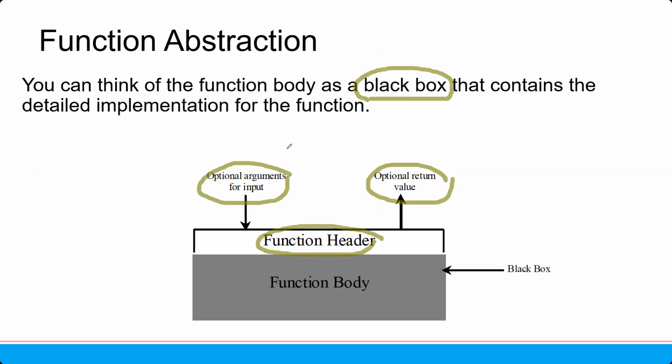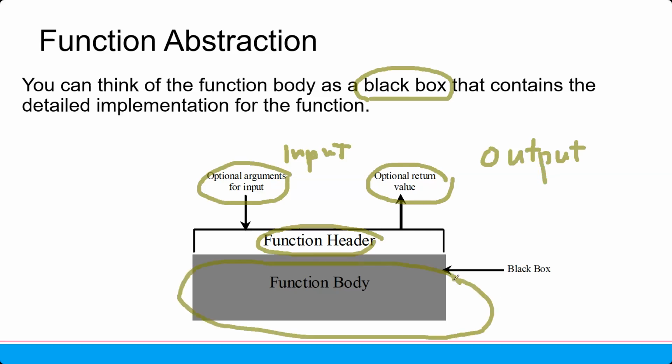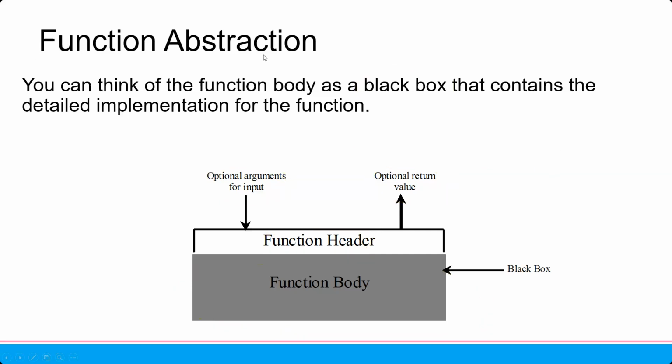So you have input and you will have output. And you can think that this is a black box, where something will happen in the body. So we call this the function abstraction.